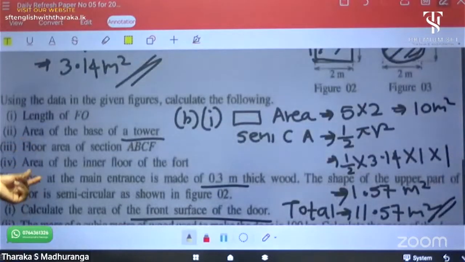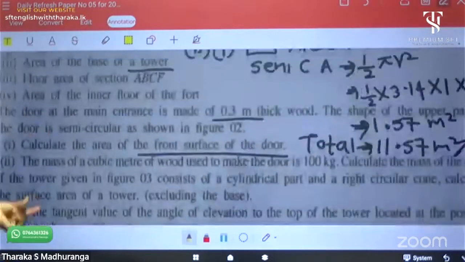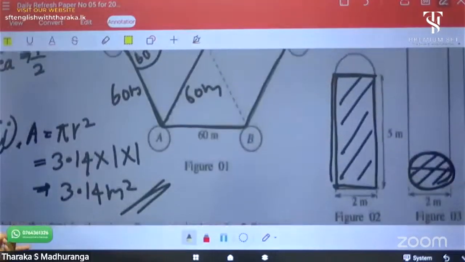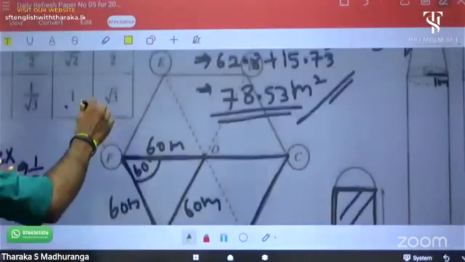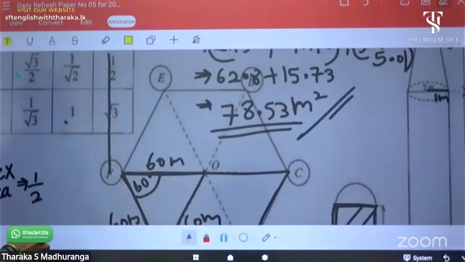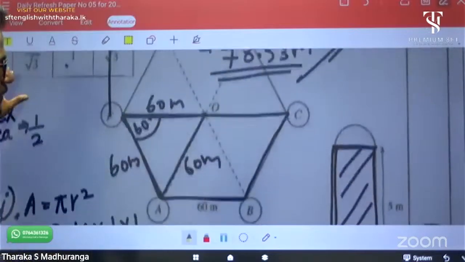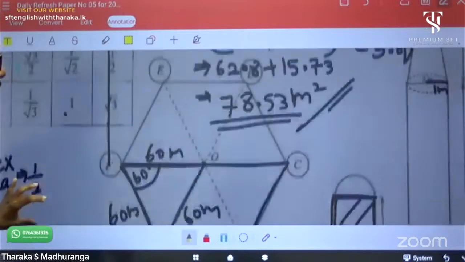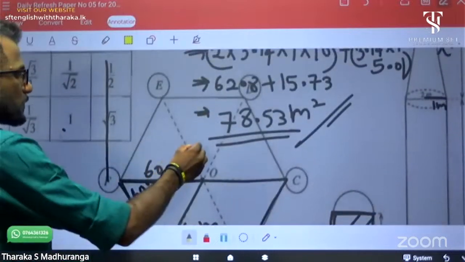Now the tower is on the F. This is a tower. Now the boy is located at the O point.